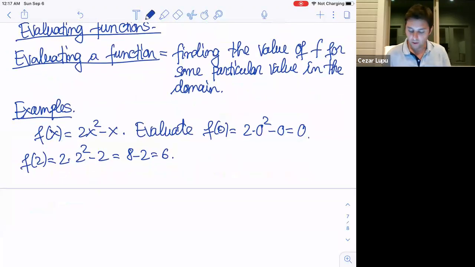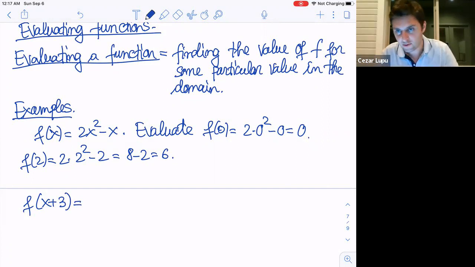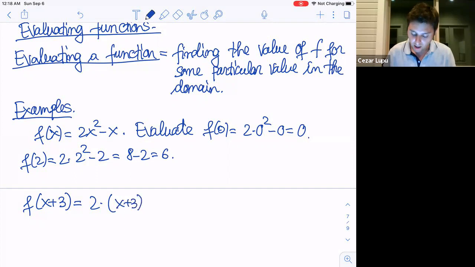Let's suppose now that instead of plugging in numbers, we want to evaluate f of x plus 3. We know the expression for f of x. Now we're going to shift it to the right by 3, which gives us x plus 3. This will be 2 times, instead of x, we replace by x plus 3, so it will be x plus 3, everything squared, minus x plus 3.